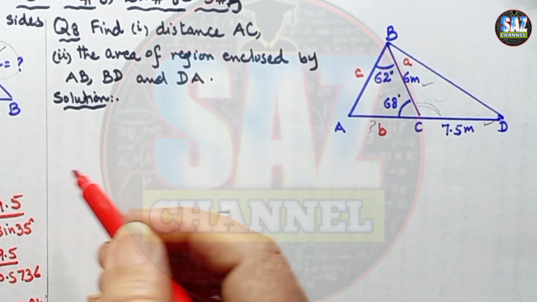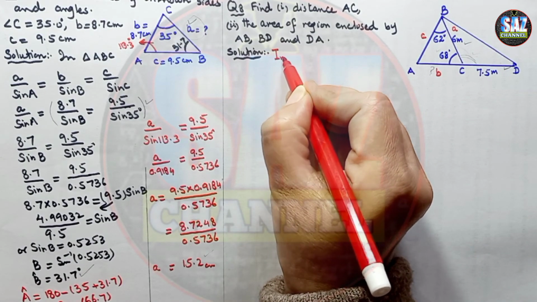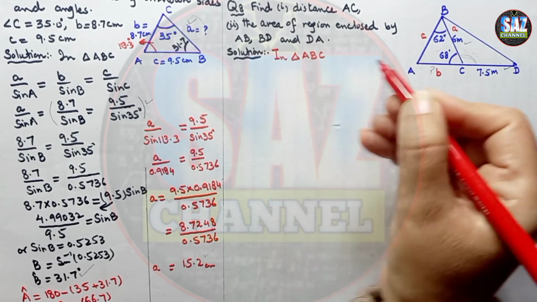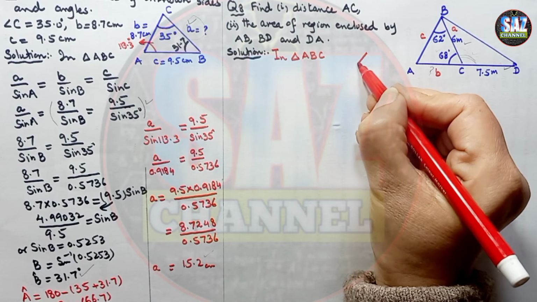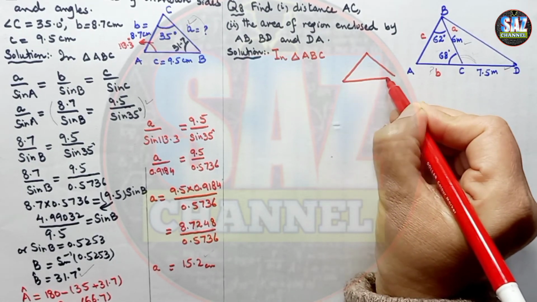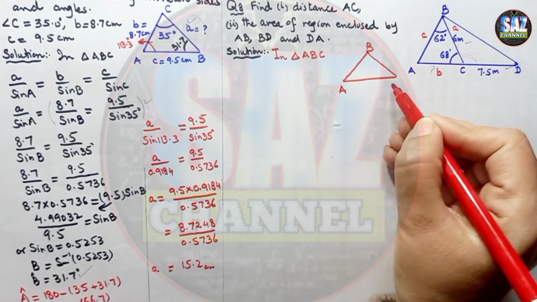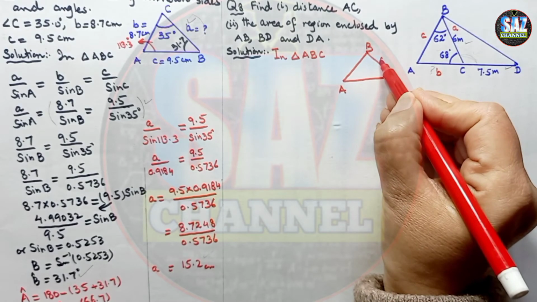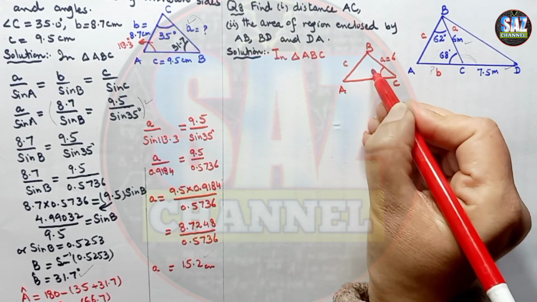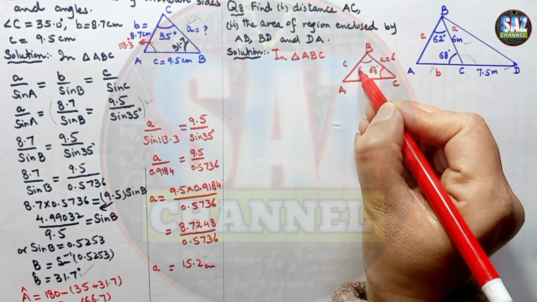So first of all, I have to take triangle ABC. In triangle ABC, and it's always good to draw small figures for reference and better understanding of your solution, this is B, this is A and this is C. This is A equals 6, this is C and this is the 68 degrees angle and this is the 62 degrees angle.